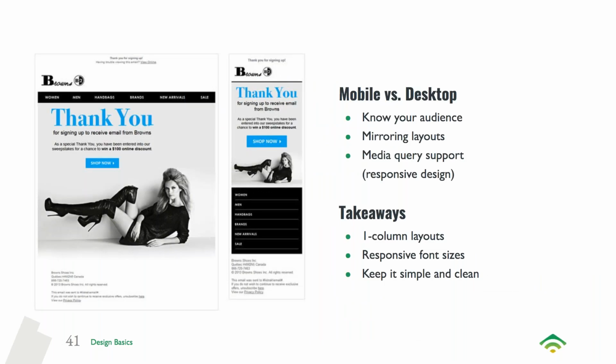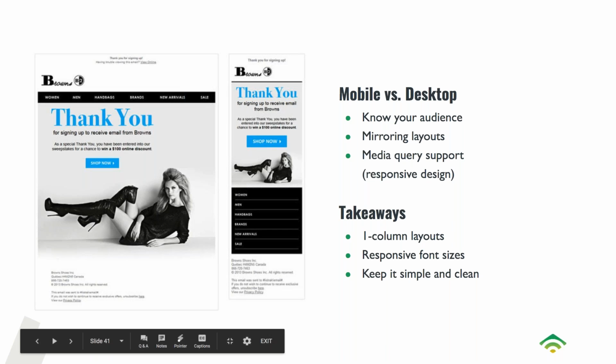And also just differentiating between mobile and desktop view. For mobile users, who's your audience? Some of our customers try to mirror their layouts between desktop and mobile, meaning they ideally want to see the same layout, but that doesn't scale for mobile users. Stacking items into one column, as Amy mentioned, is best practice.